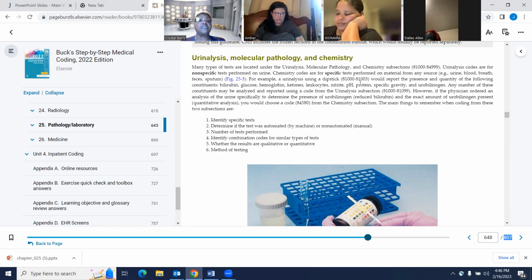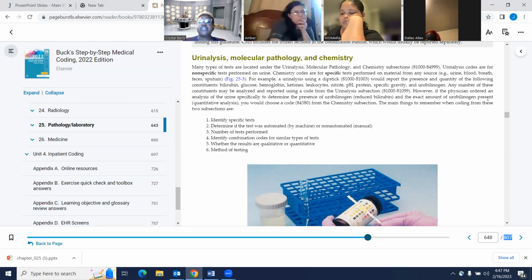81000 through 81003 would report the presence and quantity of the following constituents: bilirubin, glucose, hemoglobin, ketones, leukocytes, nitrite, pH, protein, specific gravity, and urobilinogen. Any number of these constituents may be analyzed and reported using a code from the urinalysis subsection 81000 through 81099.